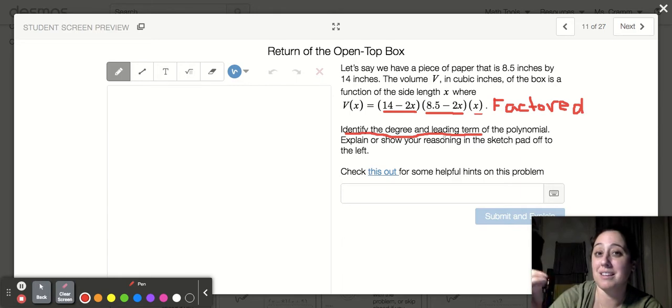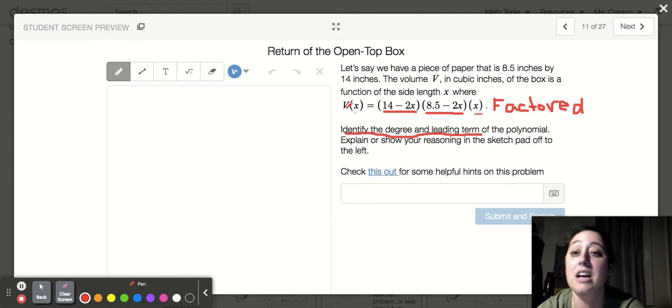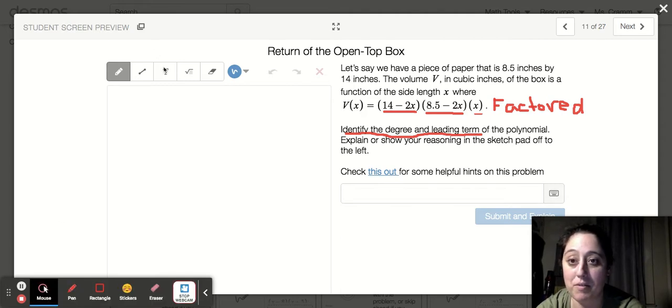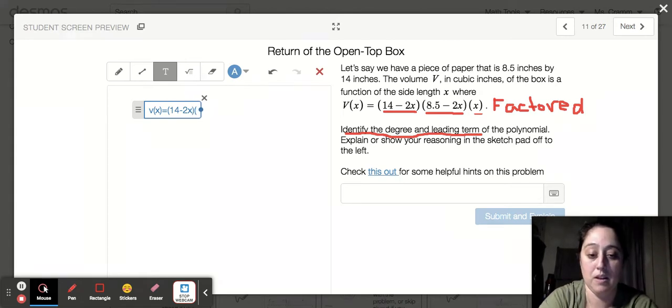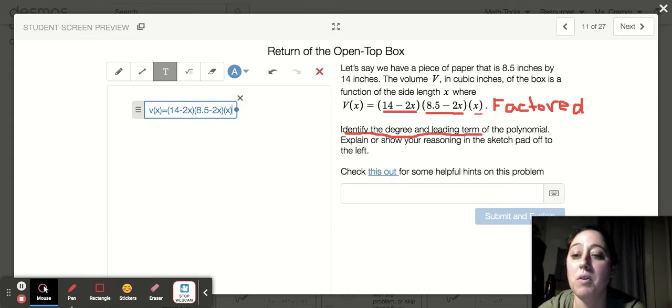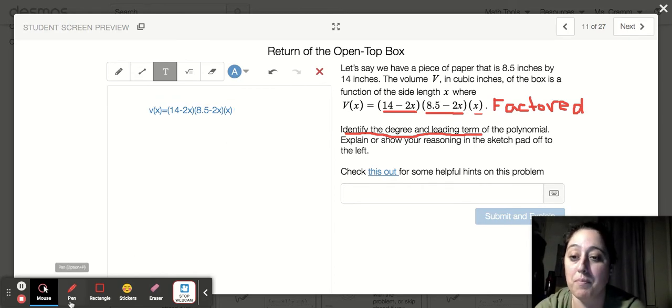In order to find those easily, it's a lot better to put it into standard form. So I'm just going to rewrite this. Okay, so again, my goal here is to write this in standard form.